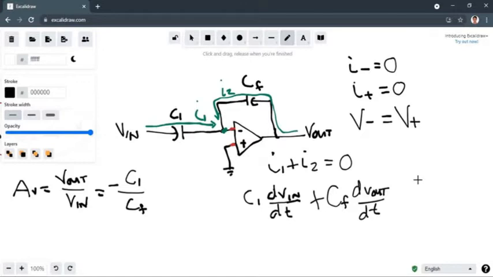You must be wondering, why is there a derivative involved? Just a little recall. We've already encountered that in a capacitor, the voltage is not instantaneous. For example, if the maximum voltage is 5 volts, at time 0 the voltage on a capacitor is not 5 volts yet, so it is increasing at a certain rate until it reaches 5 volts.